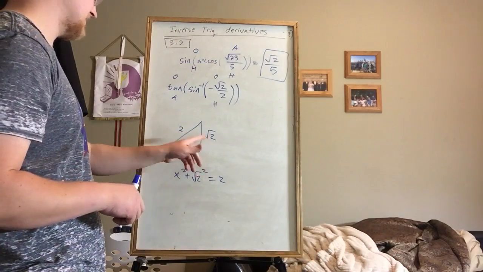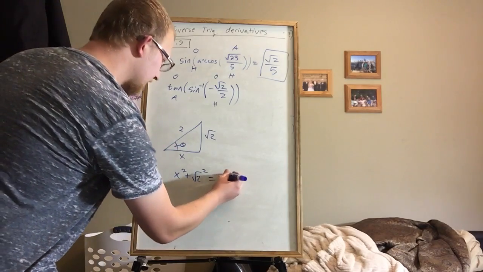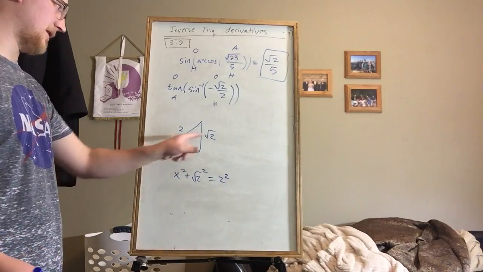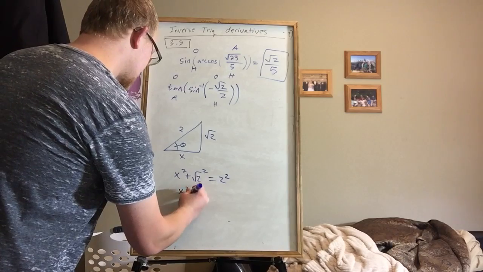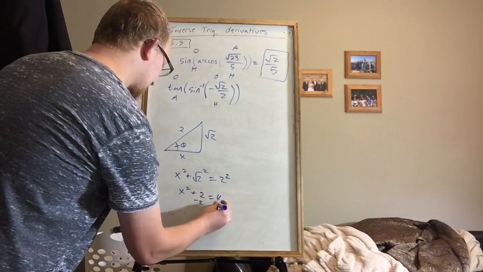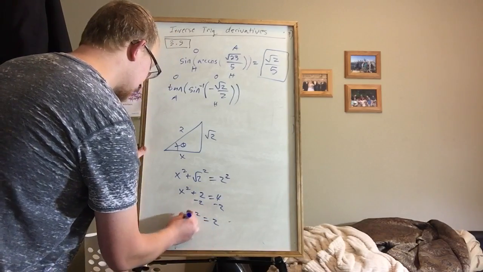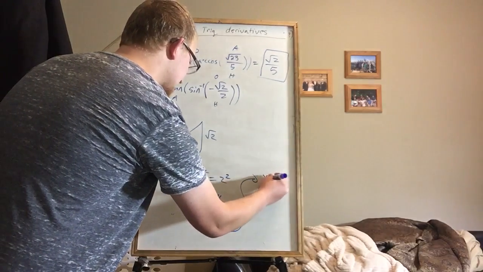Sine is opposite over hypotenuse, so it's 2 squared, there we go. We've got to square all of our Pythagorean sides. That gives us x squared plus 2 equals 4. Subtract 2 from both sides and we find that x squared equals 2.